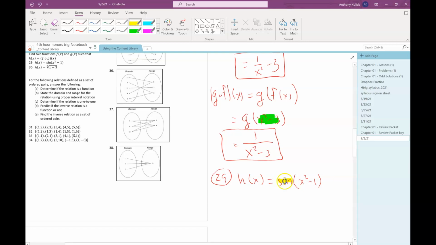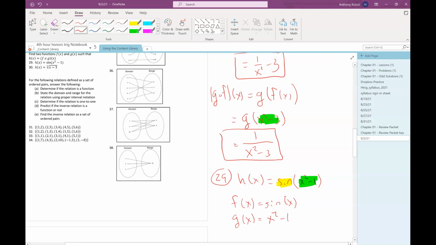I'm going to look for like an outer function and an inner function. So if this is f composed g, f would be my outer, and g would be my inner. So that's probably the most obvious answer.